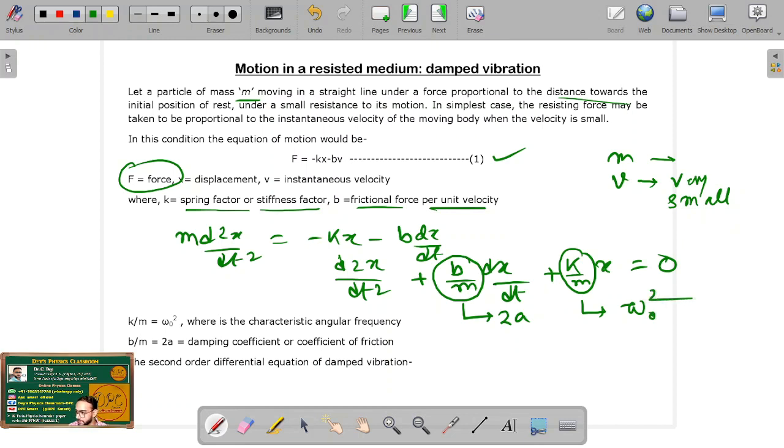So k/m, that is the stiffness factor divided by mass, is denoted as omega 0 square, and b/m, where b is the frictional force per unit velocity, we term as 2a, which is also called the damping coefficient or coefficient of friction.